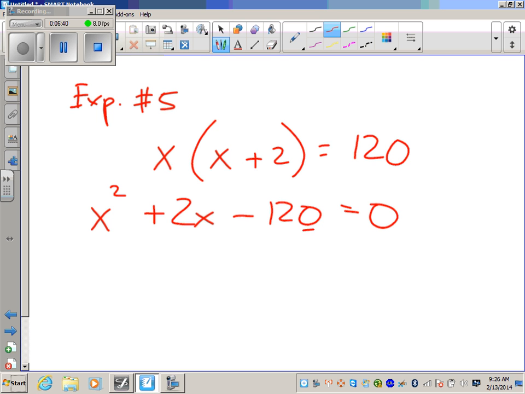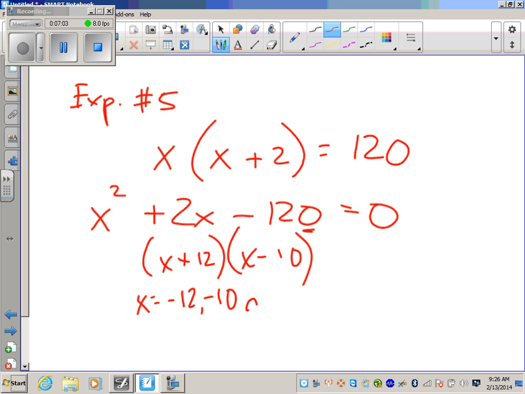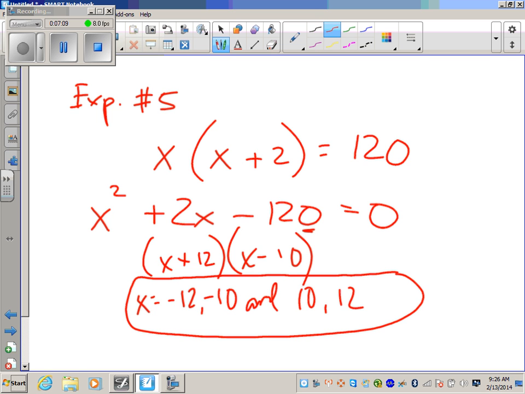And if I think of factors of 120, I look at that 0 probably first and know it's divisible by 10. So 12 times 10, does that give us a difference of 2, right? It's positive, so let's do x plus 12, x minus 10. So here we're going to have negative 12, add 2, go 2 places to the right. There's my negative 10, and 10, and 12. Questions?